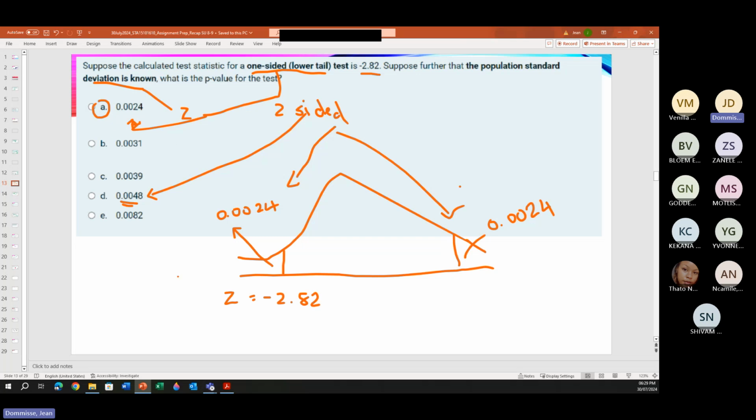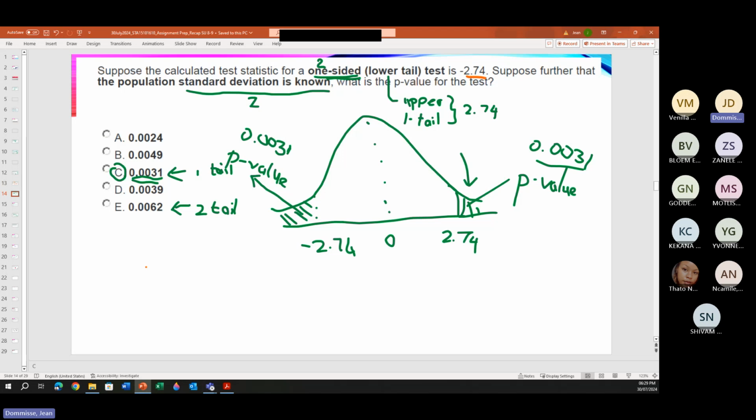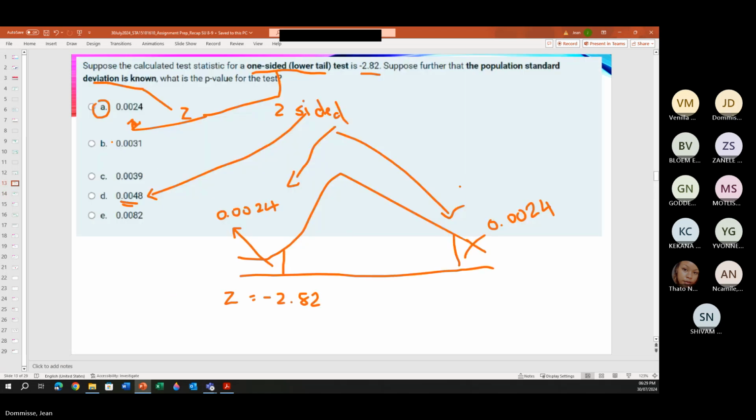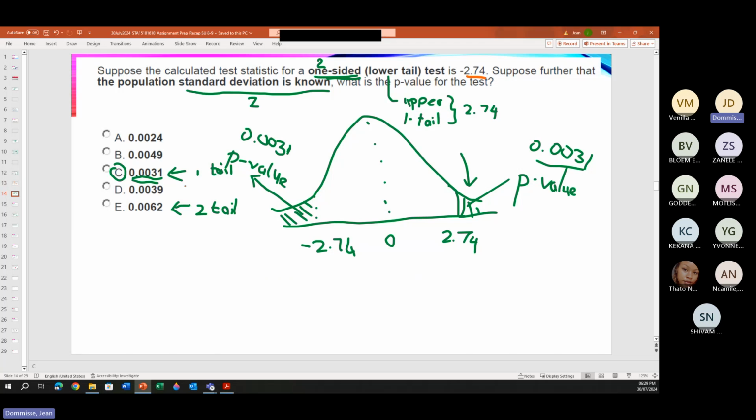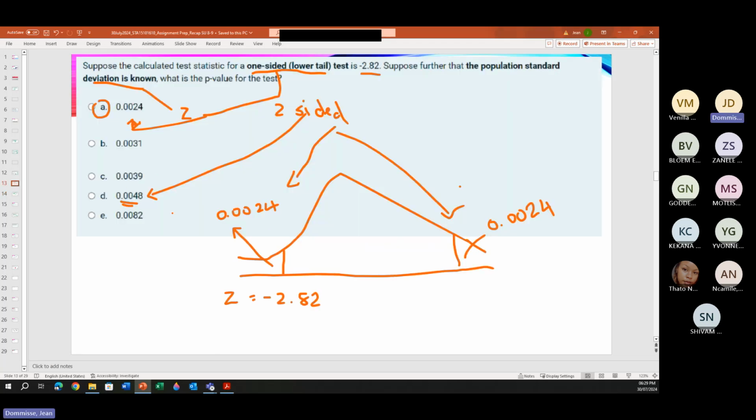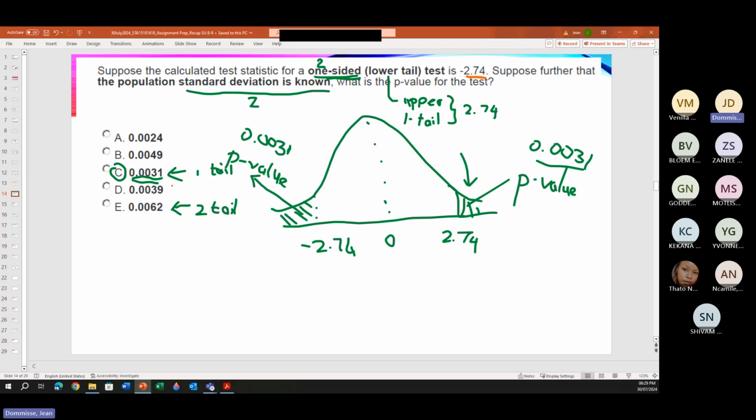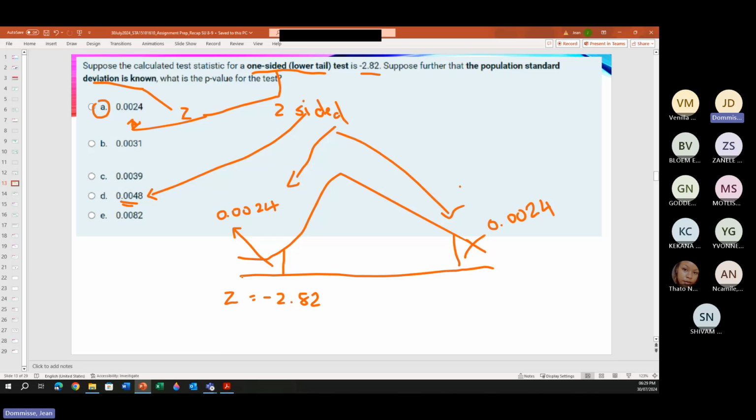Look, even the answers are nearly the same: 0.0024, then 0.0031, 0.0039. So some of it not, but again, very similar to some of the previous options. What they probably did in these two is that they just sometimes change your value.